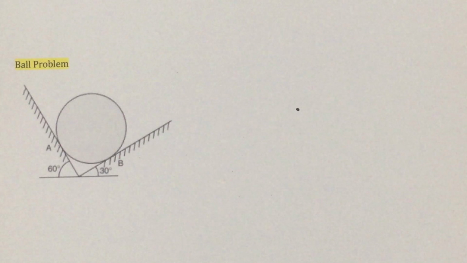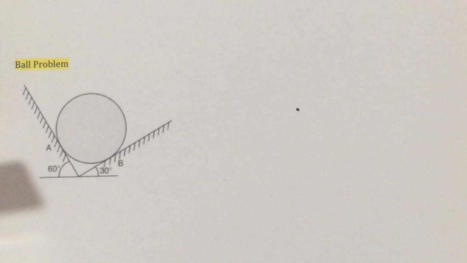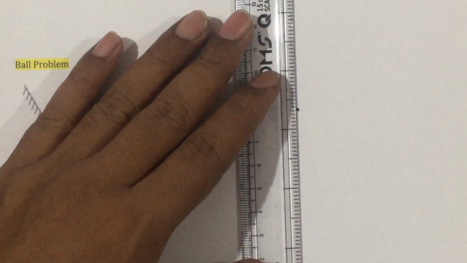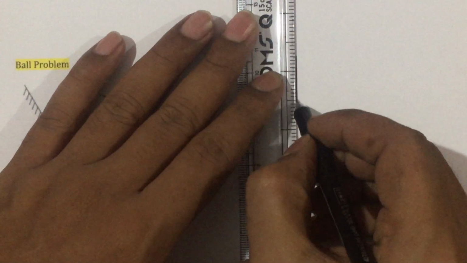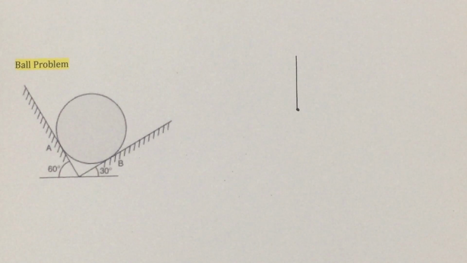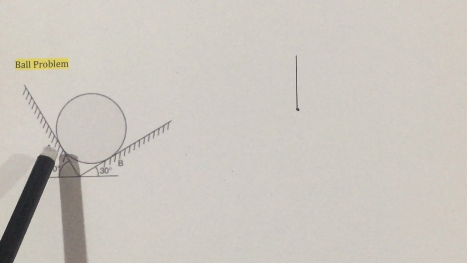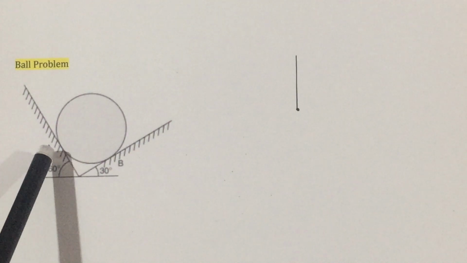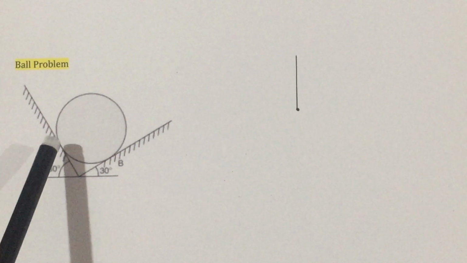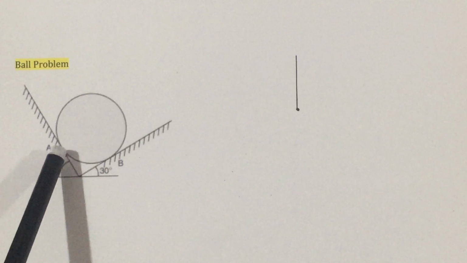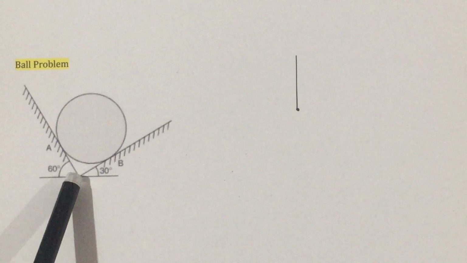Then write the connected lines. Here the connected lines are: the ball will be having the self weight, and the weight always acts vertically downwards. So, write one vertical line. Okay. Then this ball is having a contact at this particular point, therefore the ball is doing some action on the plane.